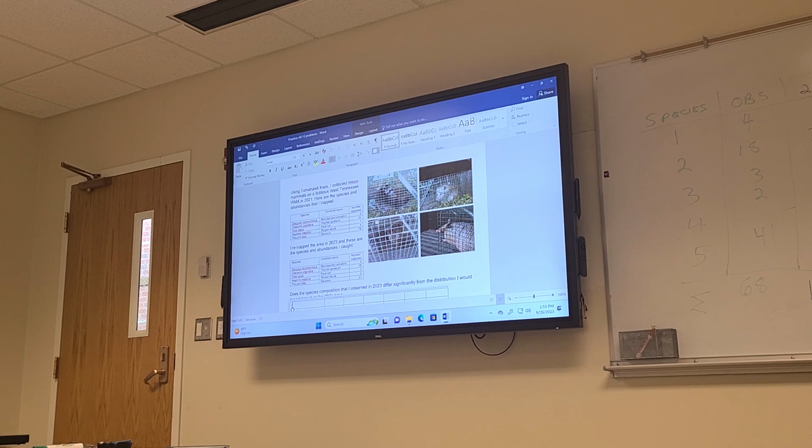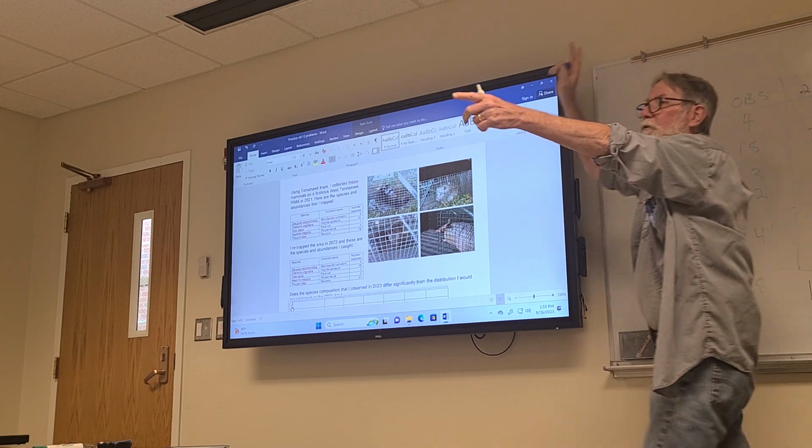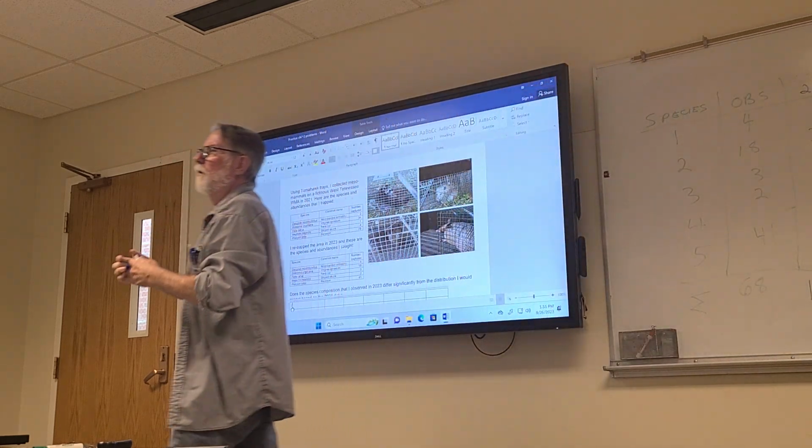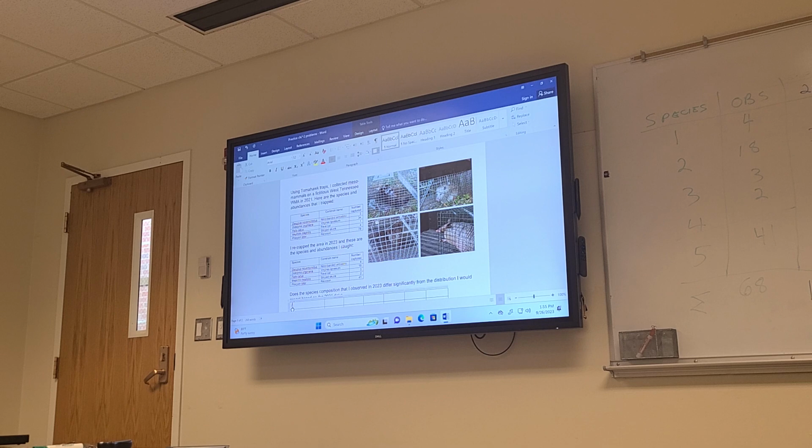How would you figure that out? Calculate the percentages and then multiply by 68. You don't even need a percentage, you use a frequency. Percentage is a frequency multiplied by 100. We don't want to multiply by 100, we just want the frequency. How do you calculate a frequency? Number by the total. Now we are off to the races.